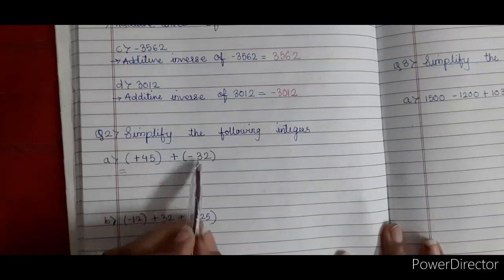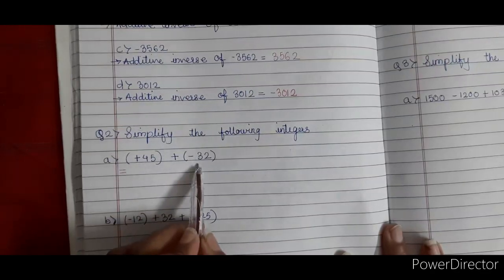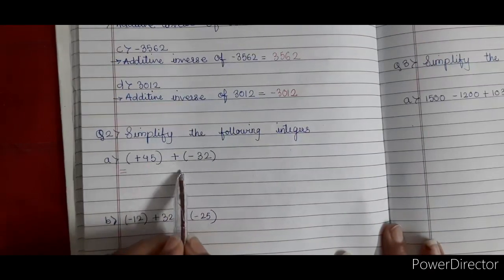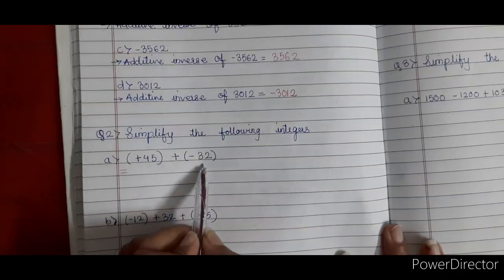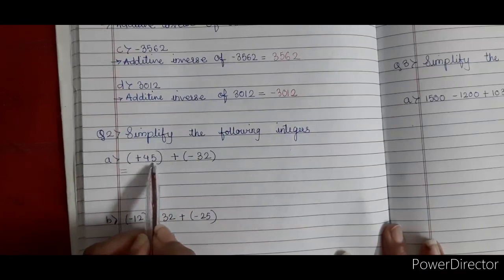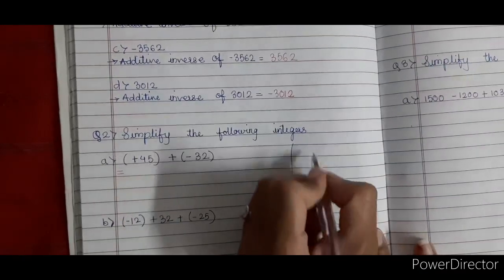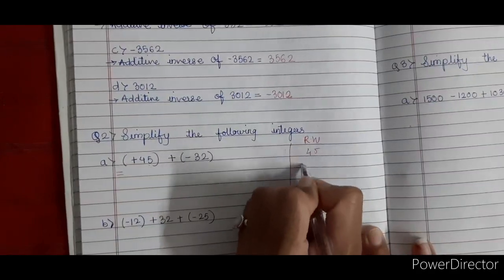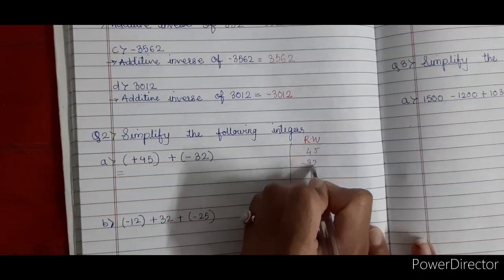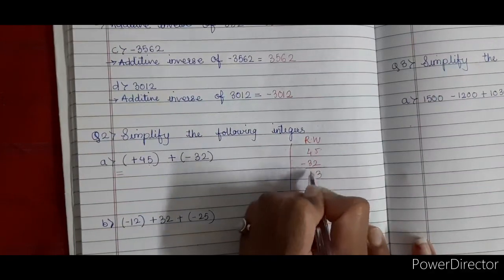Both the integers have different signs. So we will subtract the absolute value of smaller integer from larger integer. That is, we will subtract 32 from 45, that is 45 minus 32. So I'll get 13.